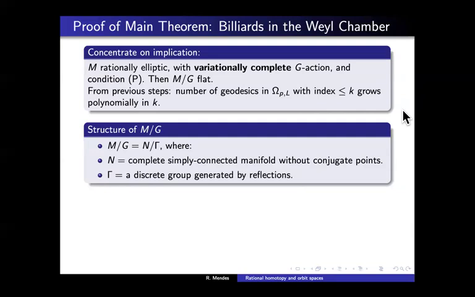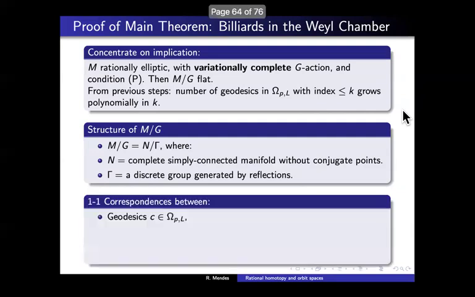So you have a Weyl group acting on a Weyl chamber, and then we can take a closer look at these geodesics and see how you can understand them. They're in one-to-one correspondence with some other objects that I just introduced.